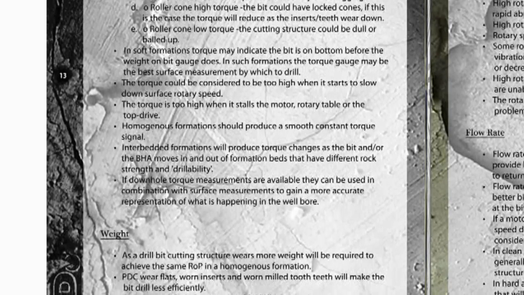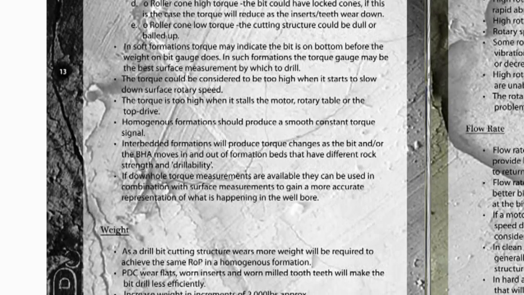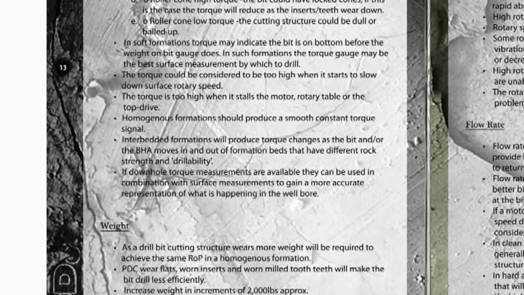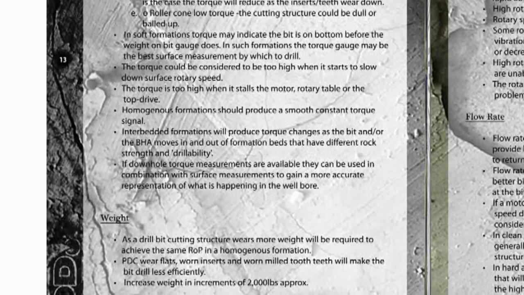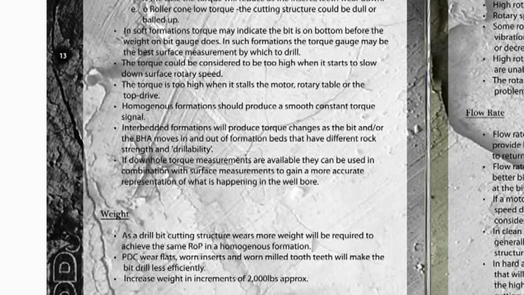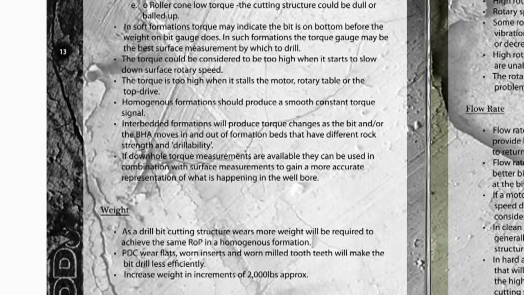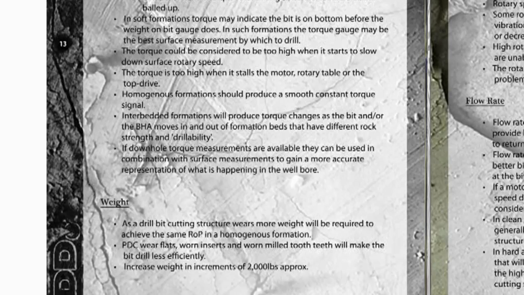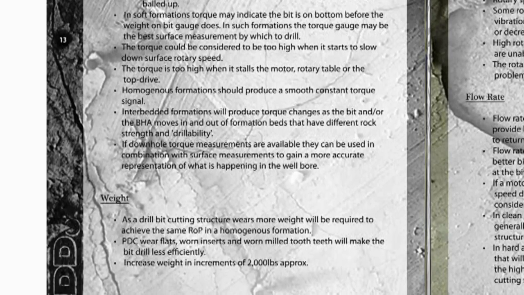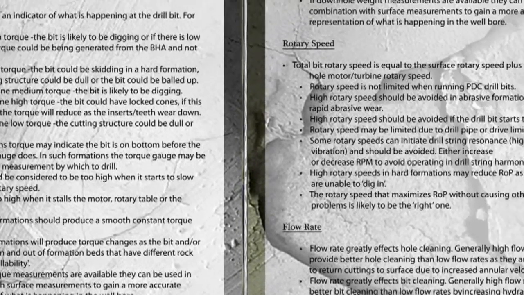Weight. As a drill bit cutting structure wears, more weight will be required to achieve the same ROP in a homogeneous formation. PDC wear flats, worn inserts, and worn milled tooth teeth will make the bit drill less efficiently. Increase weight in increments of approximately 2,000 pounds.